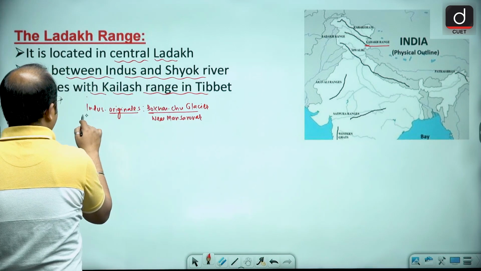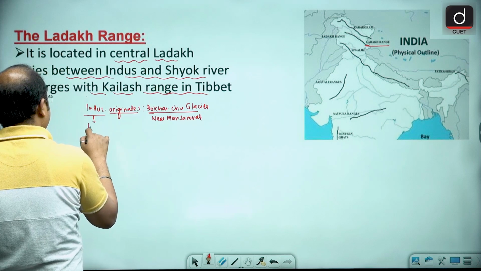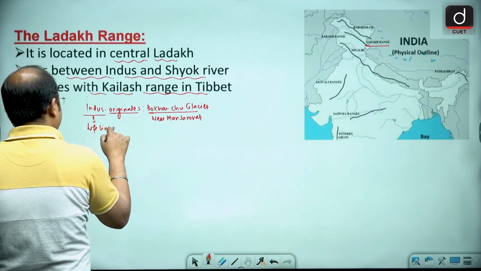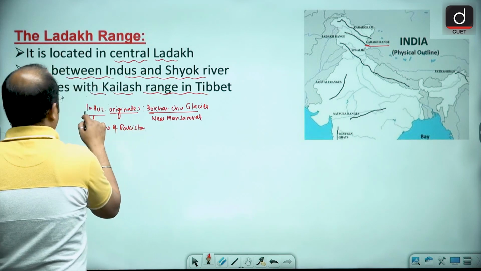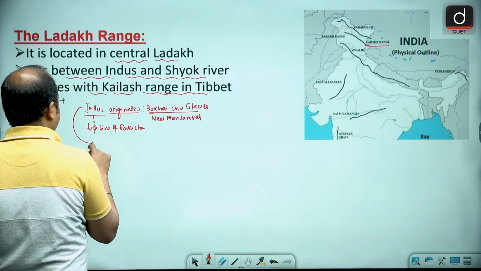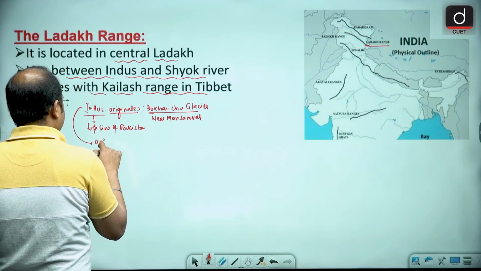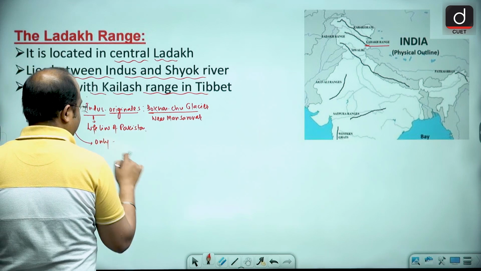And this Indus, guys, it is called the lifeline of Pakistan because it only enters India in Leh. It only touches Leh in India.